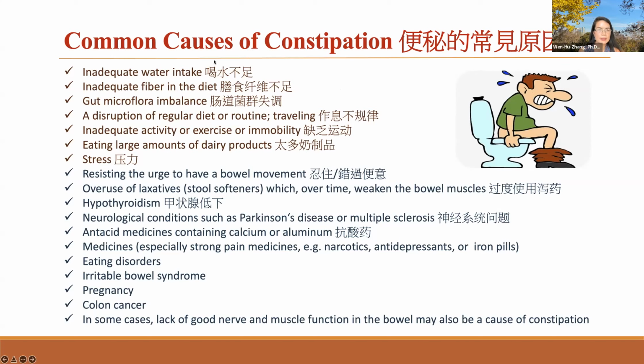But for common causes, first you need to see if the water intake is enough. So drink more water, and make sure there is adequate dietary fiber in the diet. Another cause is a microbiota or microflora imbalance.